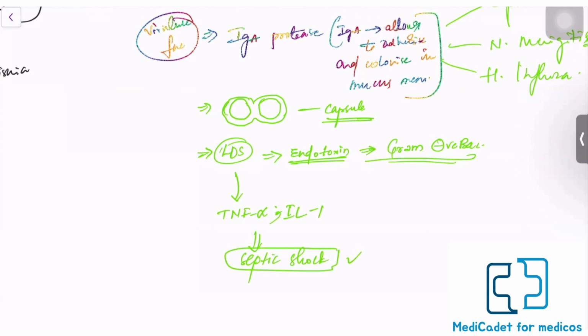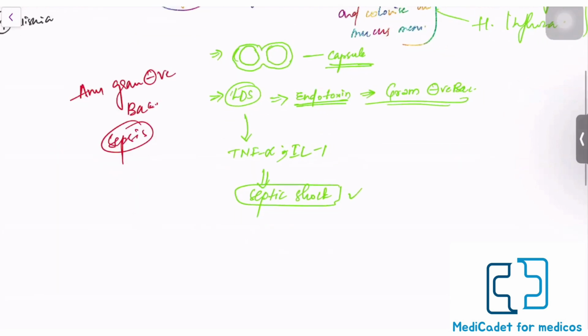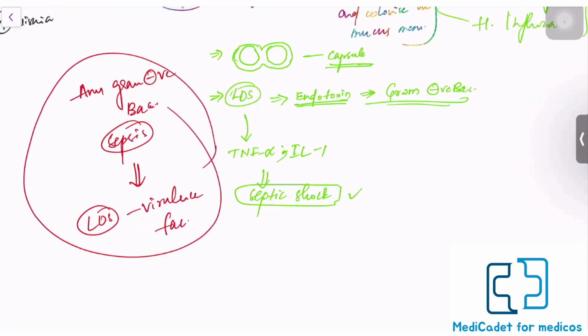But if any gram-negative bacteria is causing sepsis in the question, and they're asking for the virulence factor, then you have to think of lipo-oligosaccharide. Even though there will be other virulence factors for the same bacteria given in the options, if the presentation is sepsis, you have to go with the endotoxin lipo-oligosaccharide, because this is the one that induces sepsis and causes septic shock.